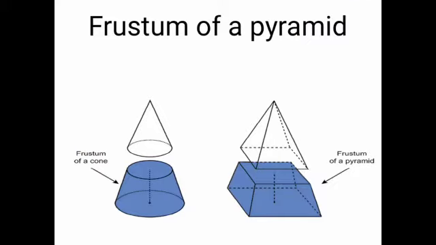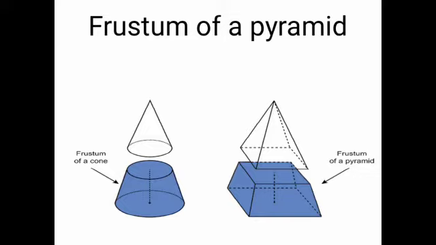So what I've done is show an example from the previous video. On the left side, we have a frustum of a cone. Remember, for us to get the shape of a frustum of a cone, we had to cut a full cone, and what remained was a frustum of a cone.